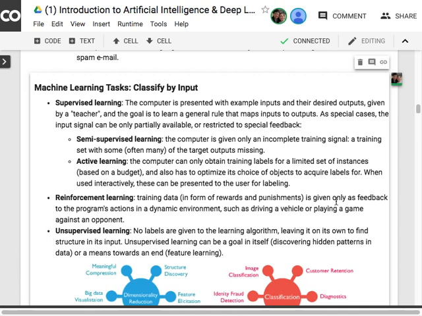Okay, the first one is supervised learning. In supervised learning, we supply the AI both the input and the desired output that we want them to know. So we act as a teacher: we give them both input and output, and then let them learn from the data that we provide.